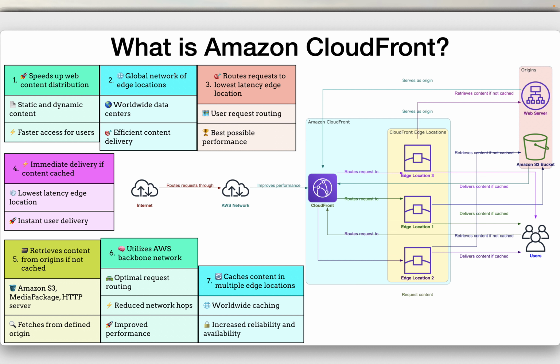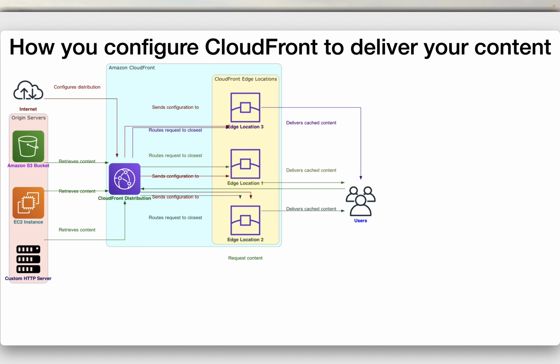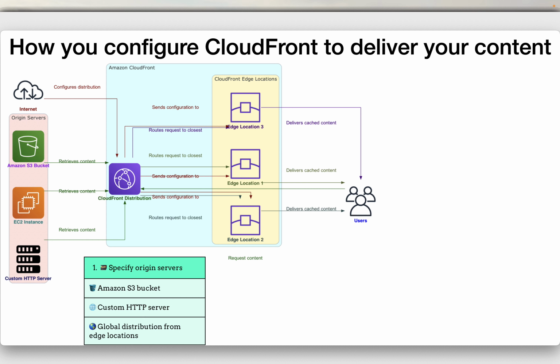So how do you configure CloudFront to deliver your content? 1. You specify origin servers like an Amazon S3 bucket or your own HTTP server from which CloudFront gets your files, which will then be distributed from CloudFront edge locations all over the world.